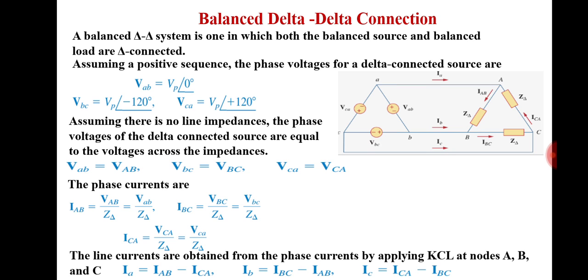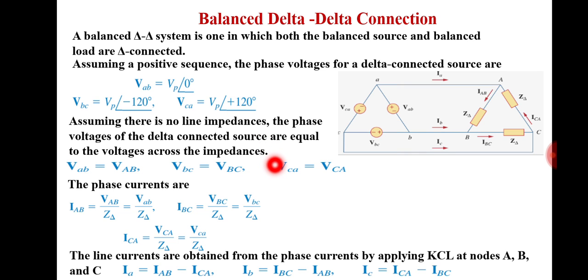Assuming a positive sequence, the phase voltages of a delta connected source are VAB is equal to VP with angle 0 degree, VBC is equal to VP with angle minus 120 degree, and VCA is equal to VP with angle plus 120 degree.